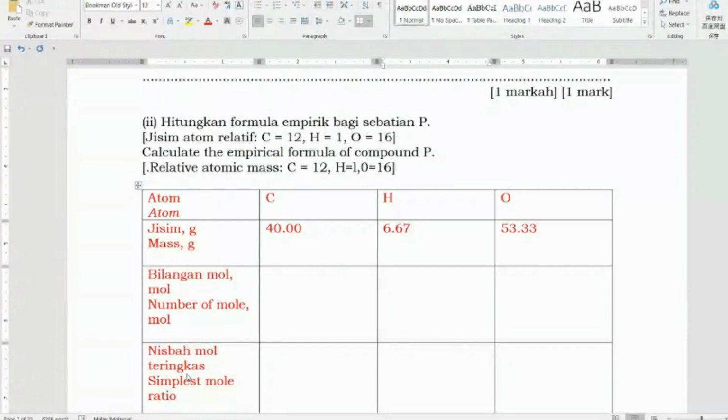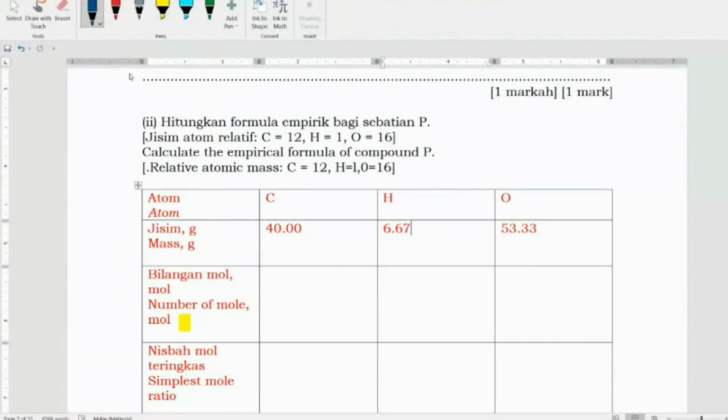Number of mole equals mass over molar mass.